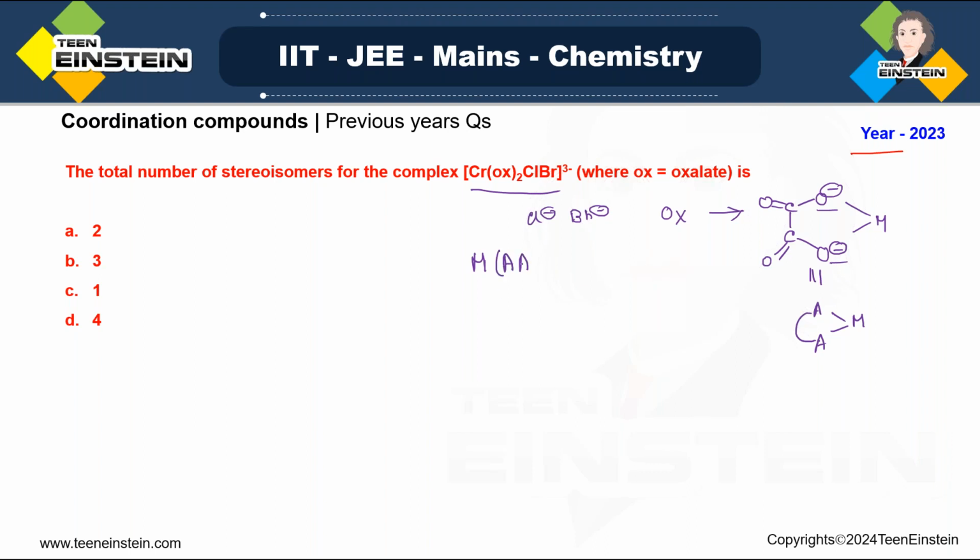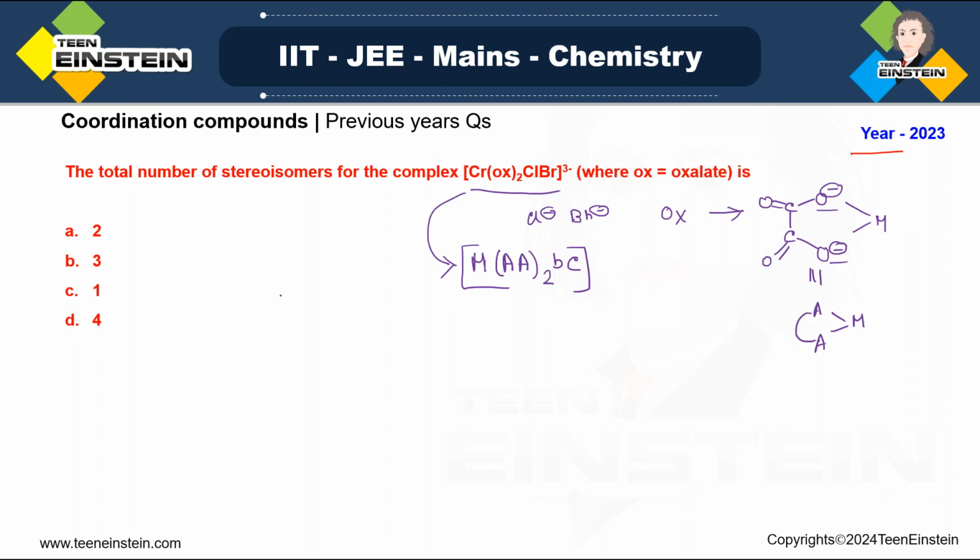So I am writing it as AA whole 2, and Cl as another monodentate ligand, which is B, and Br as another monodentate ligand. Now why am I writing it this way, and there may be any charge, that is not important. Because suppose in place of chromium you have any other metal, in place of ox you have any other symmetrical bidentate ligand, the answer will be the same. Here it is important to understand the general formula so that you can also apply the question for other formulas.